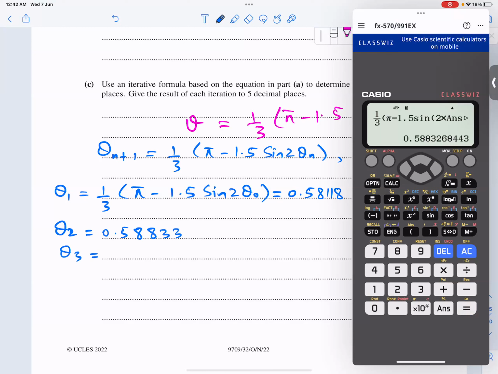Then again press equals. You will get theta 3 equal to 0.58553, and then press equals again. You will get theta 4 equal to 0.58661.